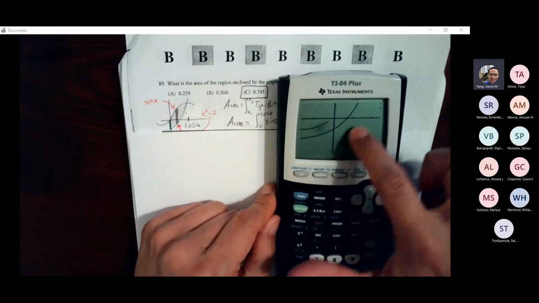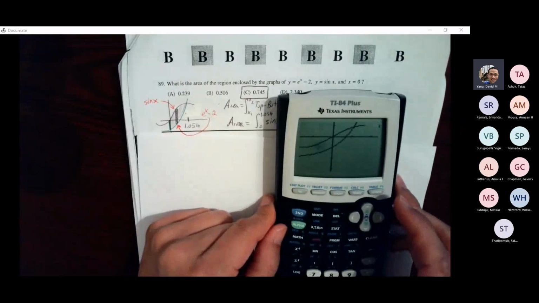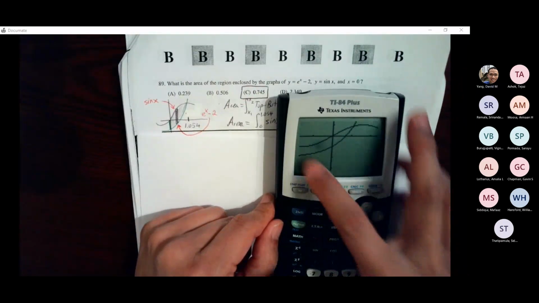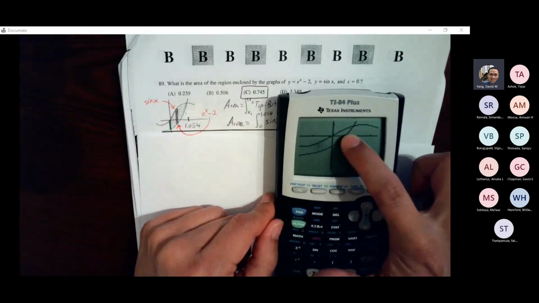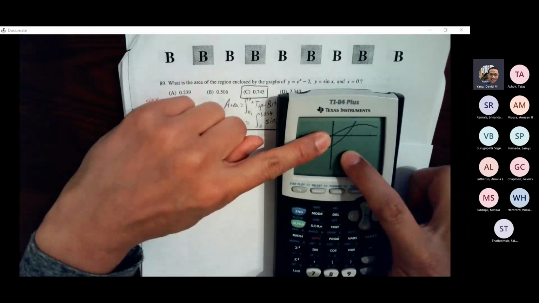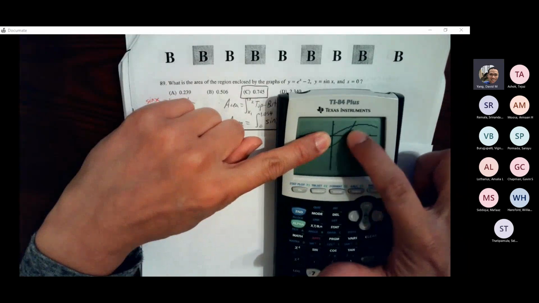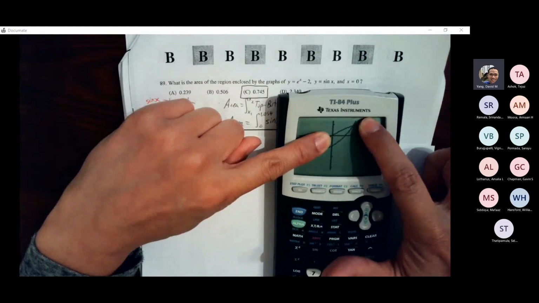Okay, there's my e to the x minus 2. And there's my sine. My sine curve is going to be the one that's sitting above. And that enclosed region with x equals 0 as a boundary is going to be this little region there.